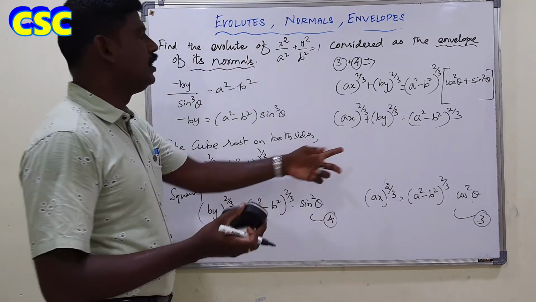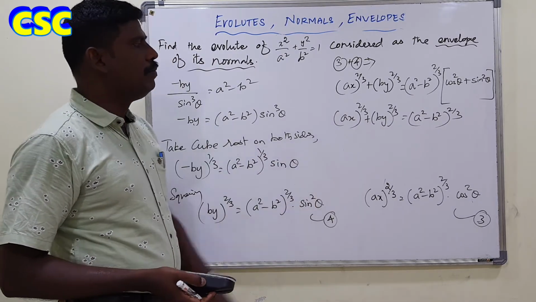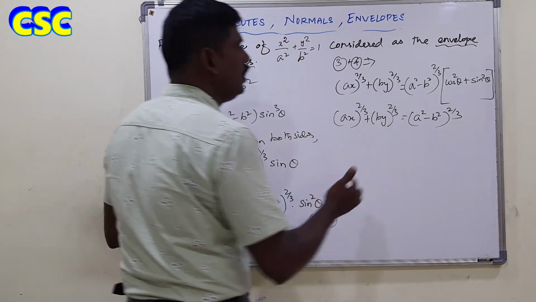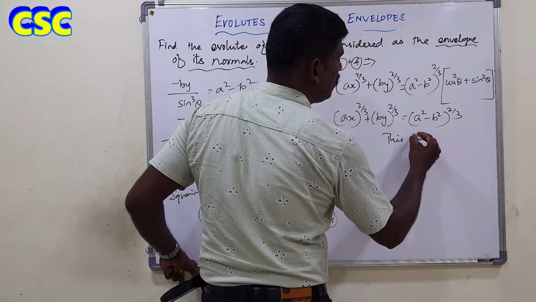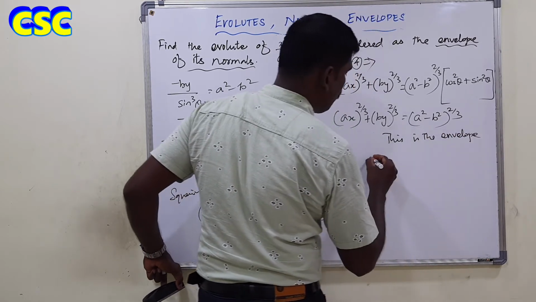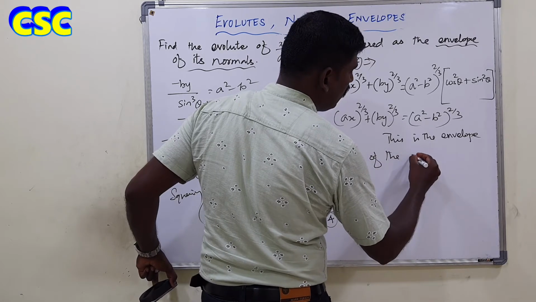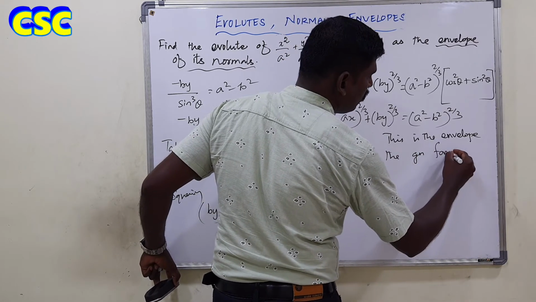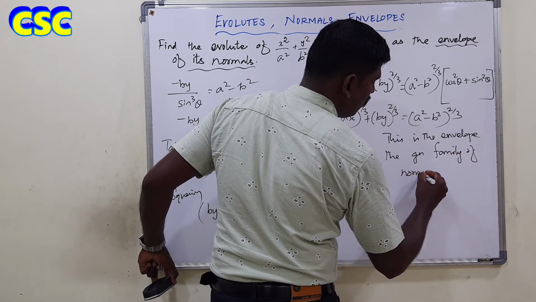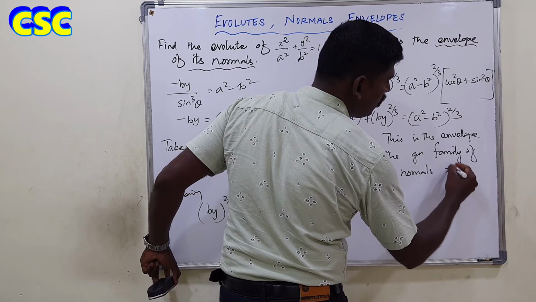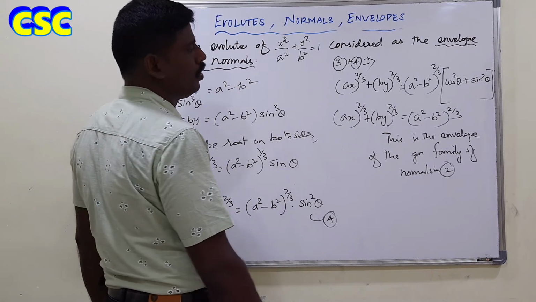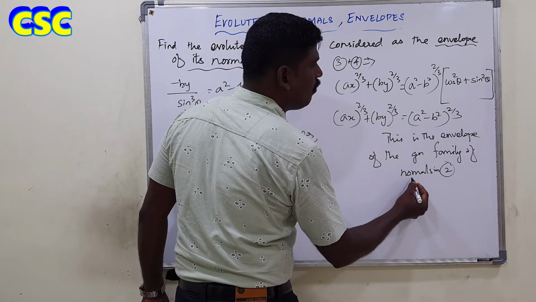Now look at this equation. The parameter is completely eliminated from the family of normal curves. So this is the envelope of the given family of normals in equation 2. What is the envelope of the family of normals?